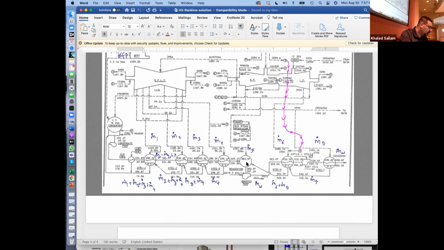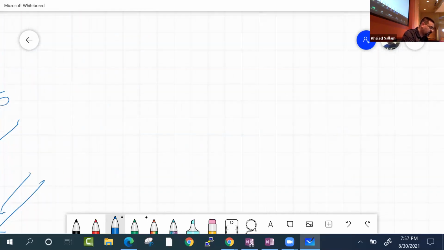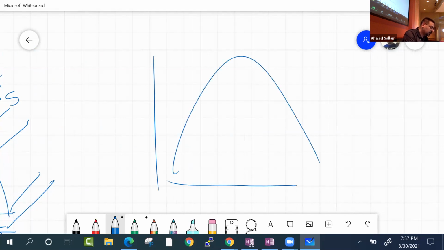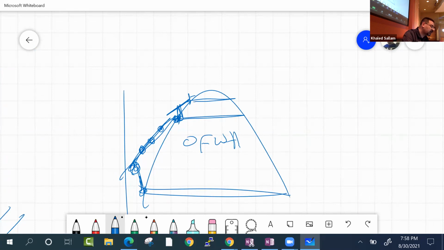So if I want to draw this, the condenser comes and here is its pump, and then you keep going all the way until you hit the open feed water heater. The water is getting hotter until it gets to this one. And then another pump takes you to this one, and this was supercritical, right? So there is this one pump that takes you supercritical.